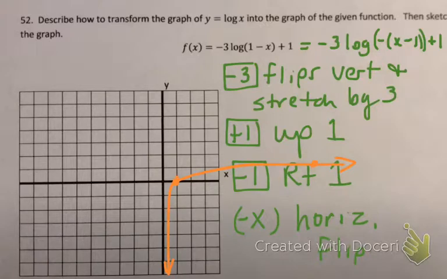So now let's go back to our green to graph this transformed function. Let's deal with the reflection in the y-axis first. That's probably the easiest way to approach this. If we reflect the first point, that's going to put us about here. And I'm going to circle these points instead of actually plotting them because we still have to account for the up one and the right one, and then the vertical stretch and flip.